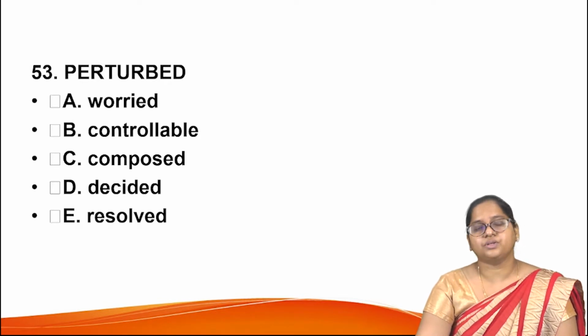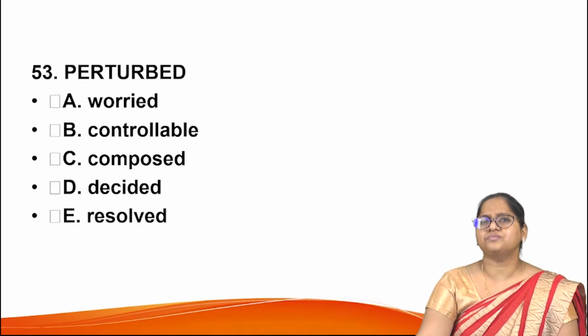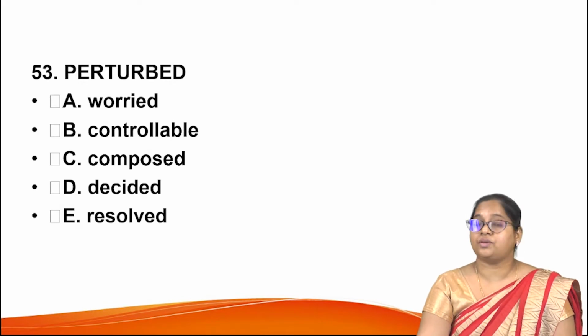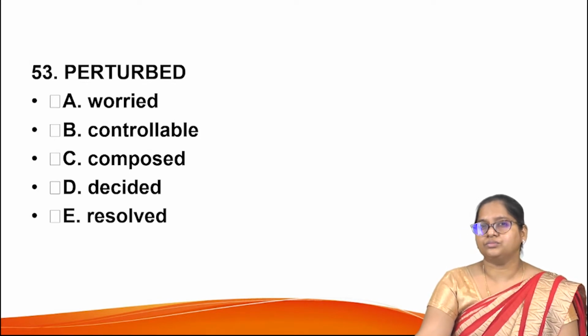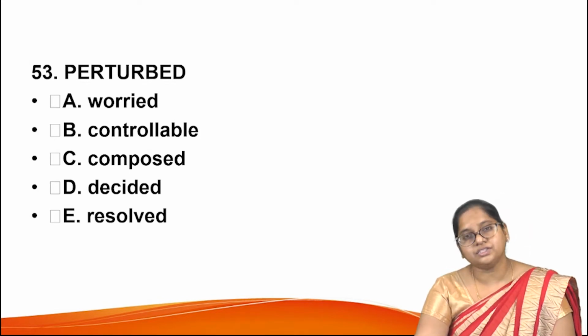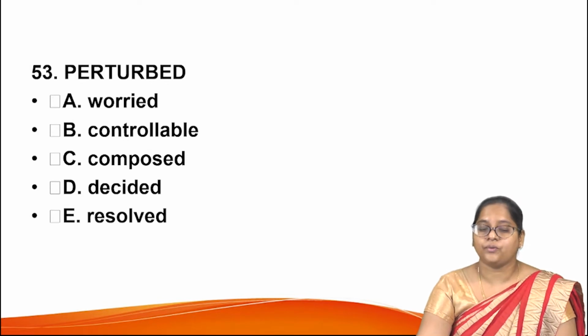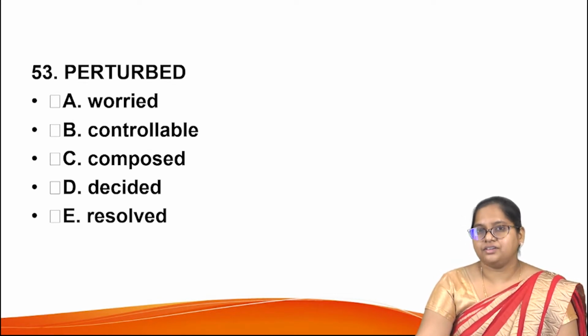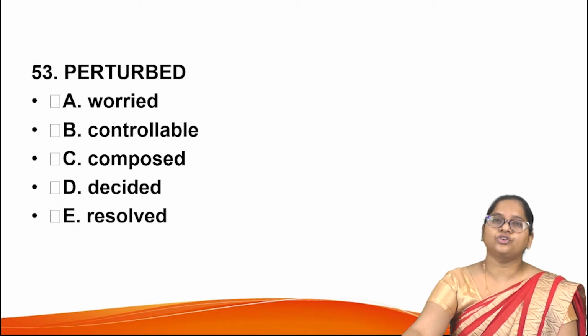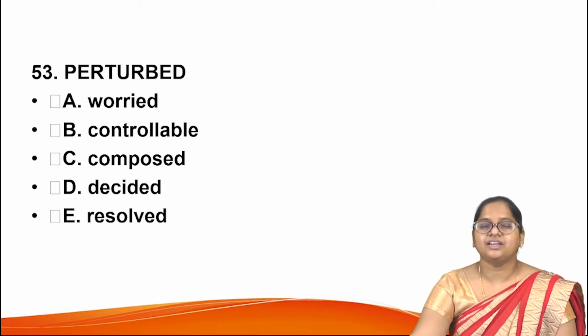So, the first question: perturbed. What is perturbation, or perturbed? Oh, I'm so perturbed. It is like getting a bit agitated, disturbed, and so on. Resolved is like resolving an issue, decided, thought about it, worked on that.